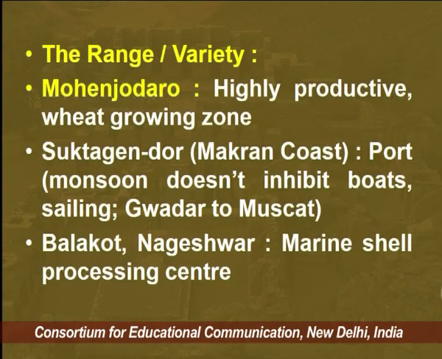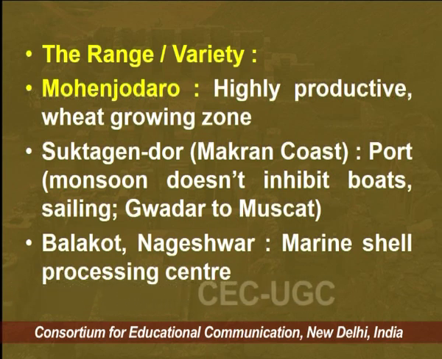So, it perhaps tells us that such sites could have served as a very convenient and appropriate port site, because even if you look at this site today, even the monsoon wind doesn't quite inhibit simple boats from traveling across the sea in this area and reaching Muscat.